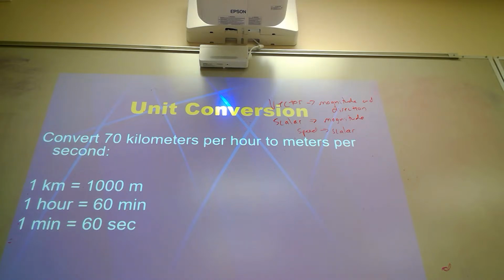It's a bit faster. You should get a reasonable answer. So you have 70 times 1,000.